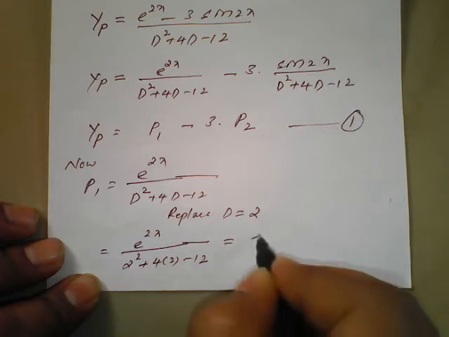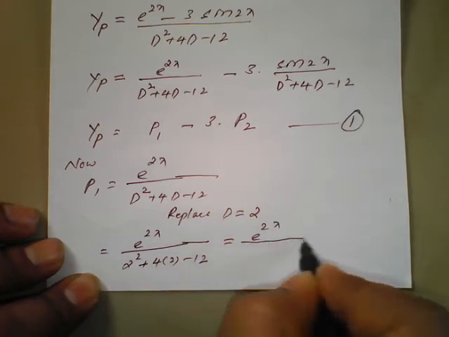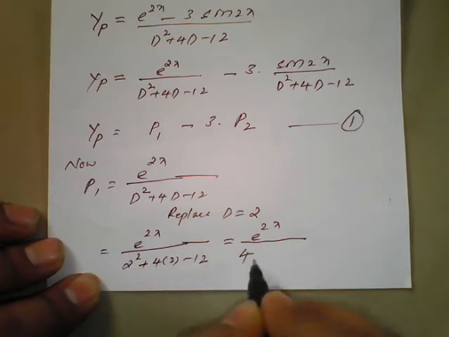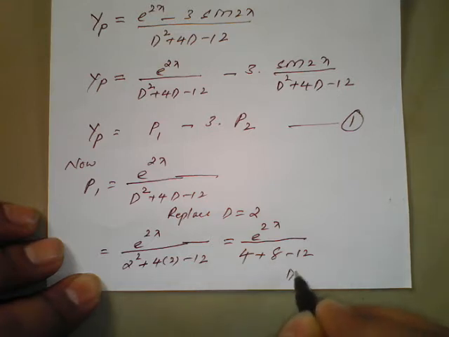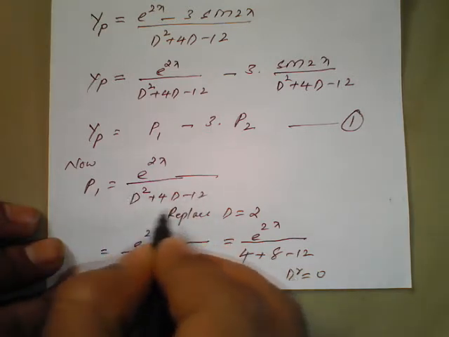Simplify: 2 square is 4, plus 4 twos are 8, minus 12. So 4 plus 8 is 12, minus 12 is 0. So here the denominator is turning to 0. If the denominator turns to 0, we have to go back and differentiate this.